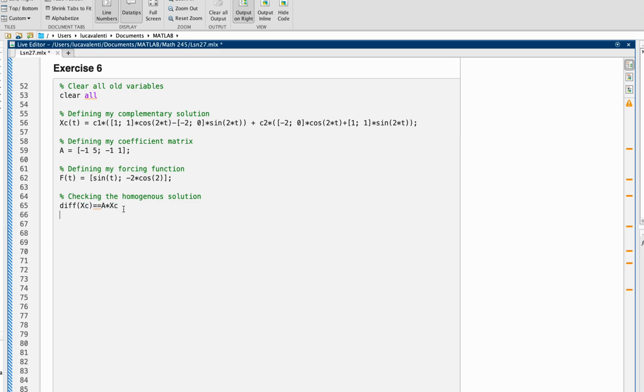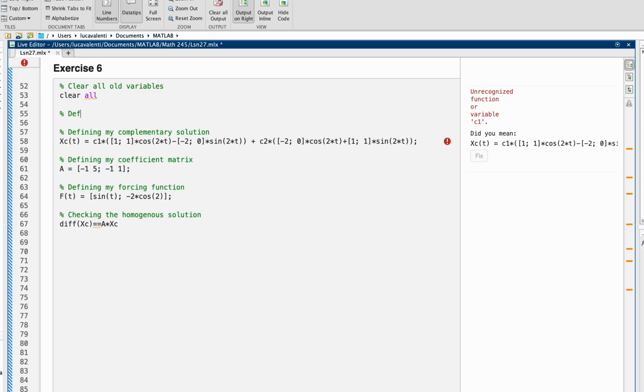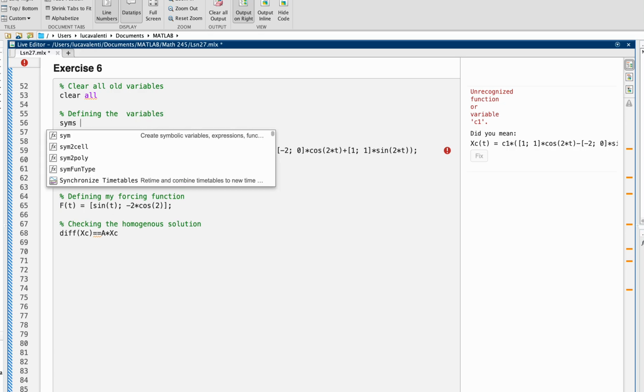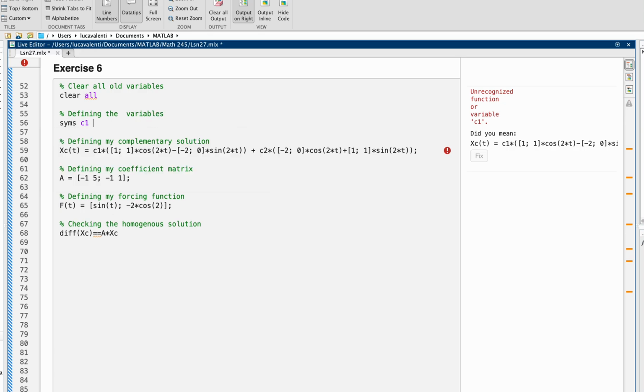Now notice how I don't have the f of t here because this is the solution just to the homogeneous. I want it to output, so I don't put a semicolon, I press Control Enter, and MATLAB is saying, hey, I don't know what C1 is. So one thing we have to do is define the variables. The variables are defined by the command syms, and they are C1, C2, and t in our case.